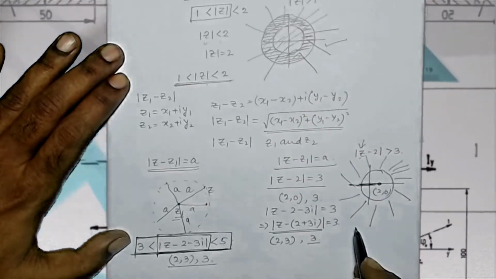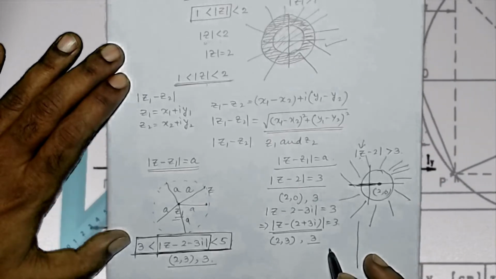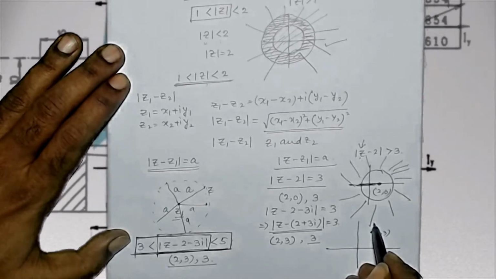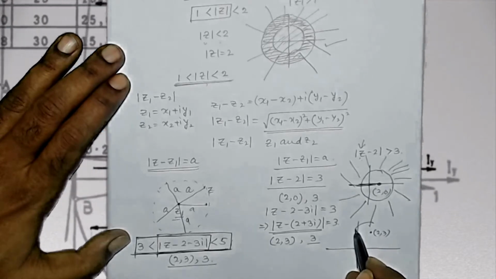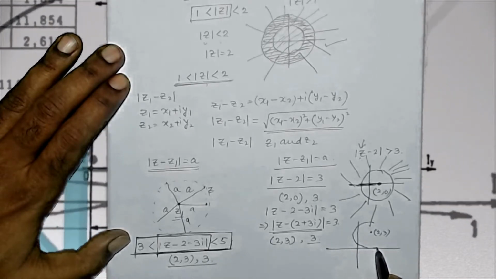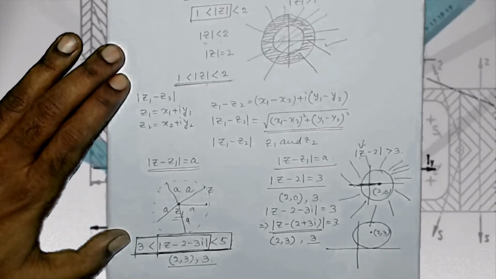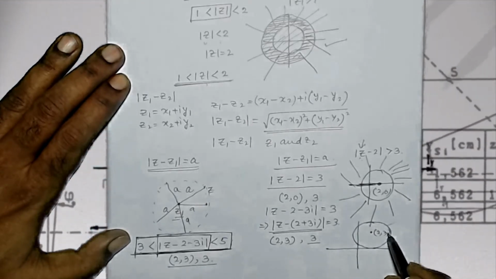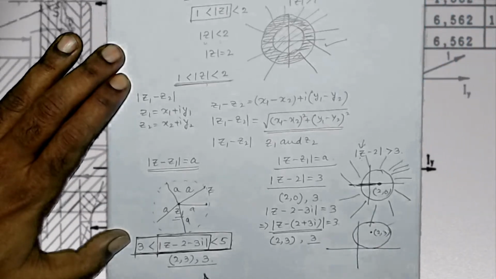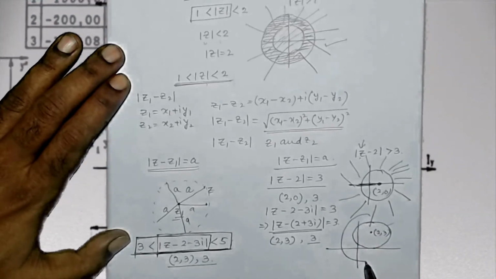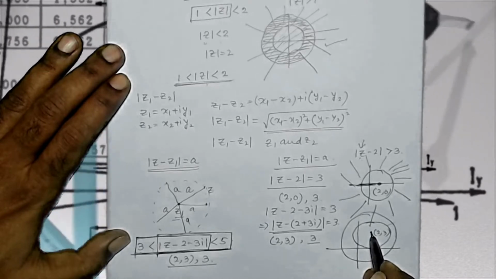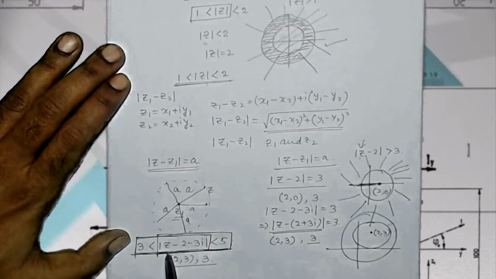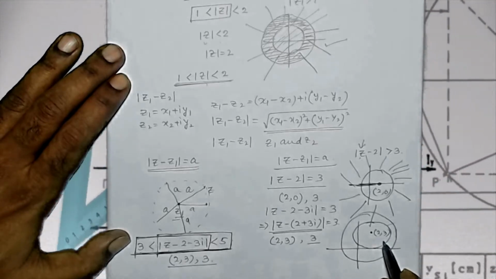So this graph will look something like this on an Argand plane. This point, let us say this is 2, 3. So there is a circle whose center is at 2, 3 and radius is 3 units. So greater than 3 means we are talking about the outside region, and another circle's center is at 2, 3 but radius is 5 units, and that time your z is lying inside the circle.